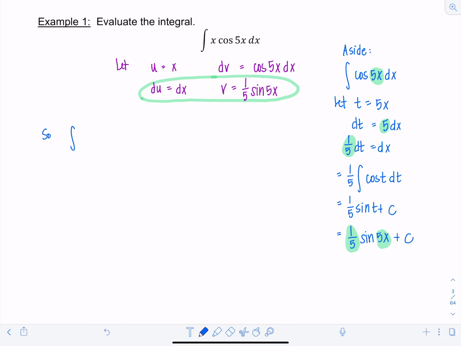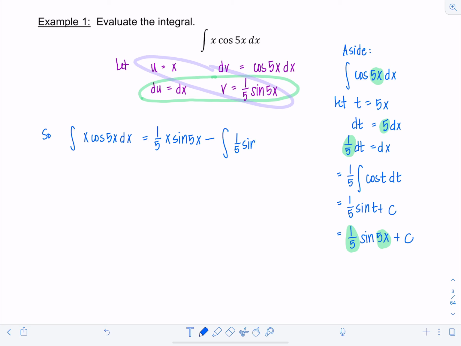I want to anti-differentiate x times cosine 5x dx, and that's going to equal, so first you have that diagonal product, uv, this way. So that's x times 1/5 sine 5x. I'm going to put the constant out front, okay? 1/5 x sine 5x minus, now you integrate the green circled product, which is going to be 1/5 sine 5x dx.